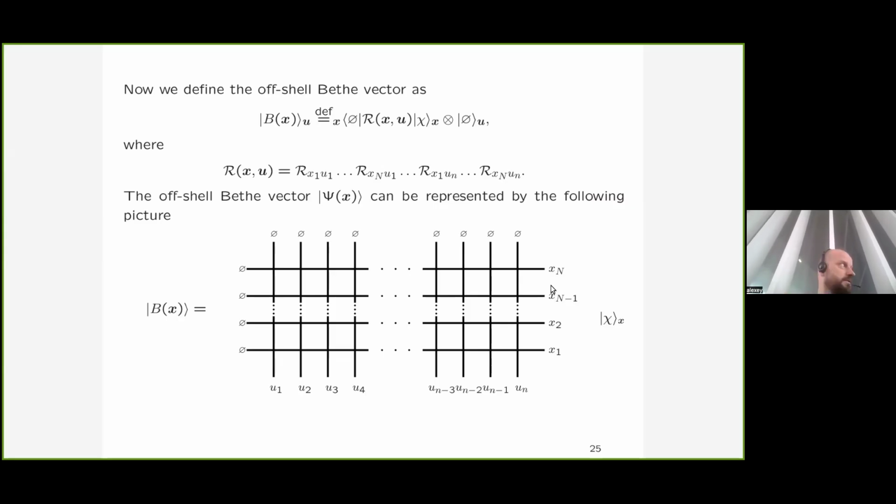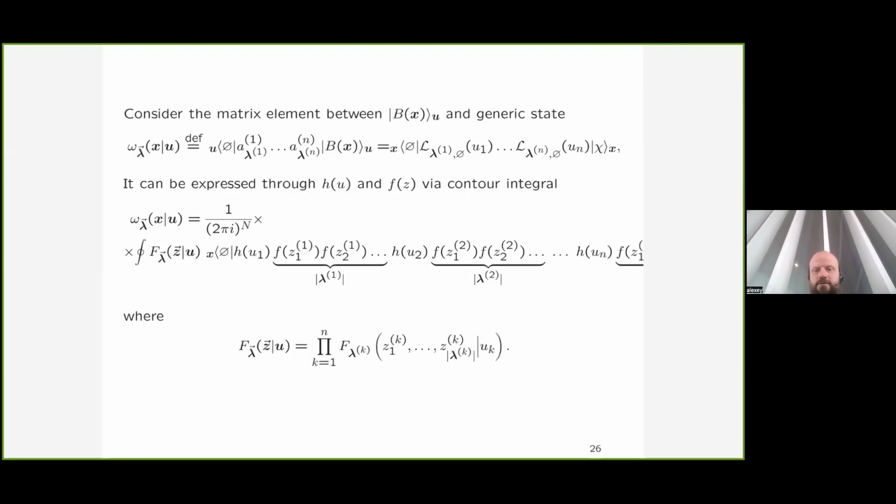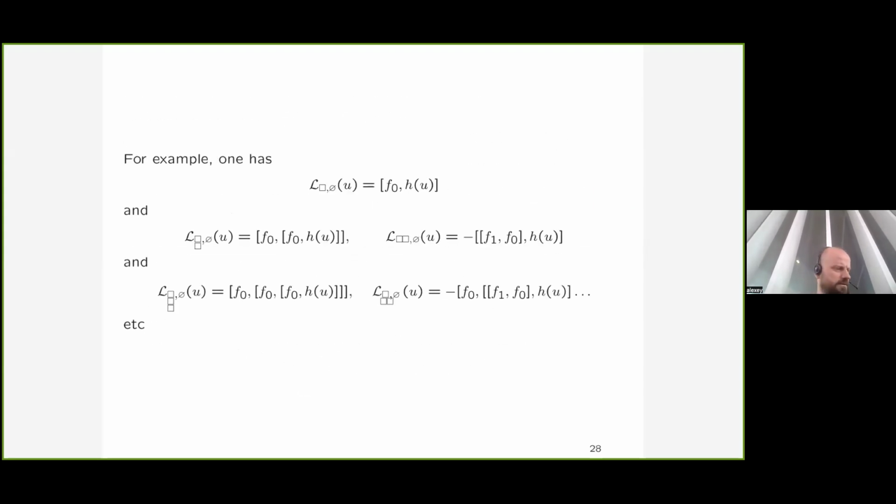And the way I vary them, I have to find a locus of x's such that this state is an eigenstate of my transfer matrix. So I constructed what is called off-shell. Off-shell means that x's are not fixed, and they move around, and I find a discretized locus of x such that this state becomes an eigenstate. So how to do it? Let's proceed to this construction.